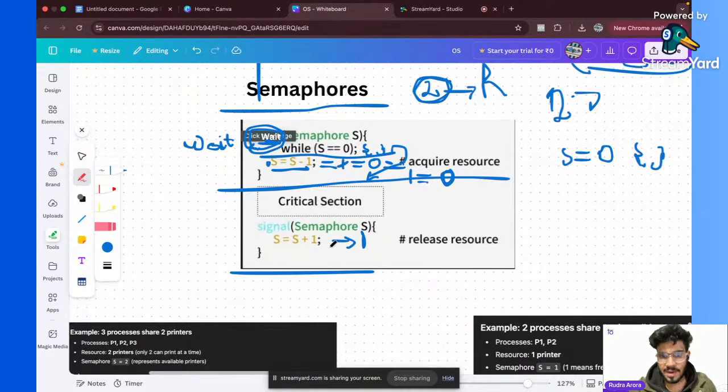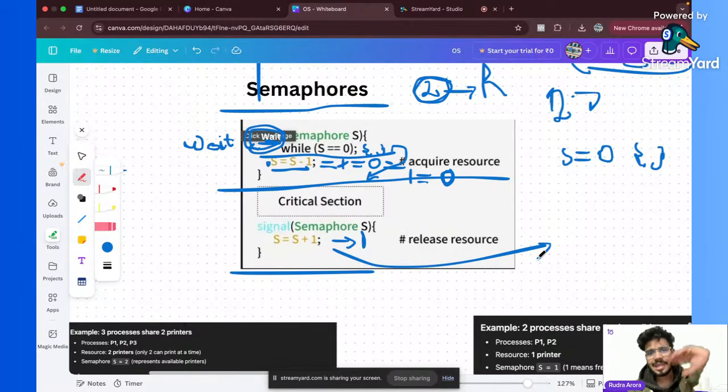And what signal would be doing? We'll be calling signal once we leave the resource. Once the process leaves the resource, it will signal that I have left the resource. Means one resource is empty, and we'll add that one to the total resources that we have till now. So this is what wait and signal are.